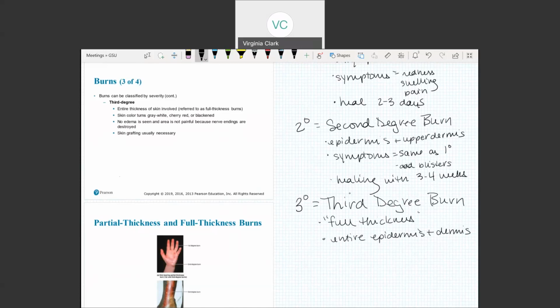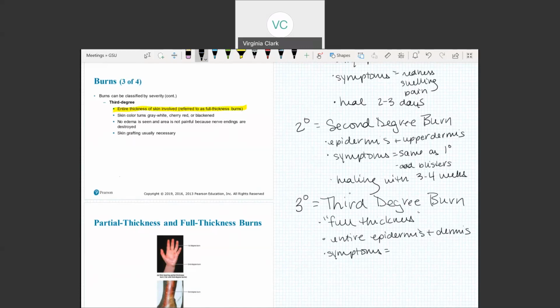It is the entire thickness of the skin. You have burned off the entire external protective layer. With this happening, your symptoms, it's not going to be red. Because remember, your blood vessels are going to be found in your dermal layer. You have just gotten rid of your entire dermal layer. So you are past that. So you're not going to be red.